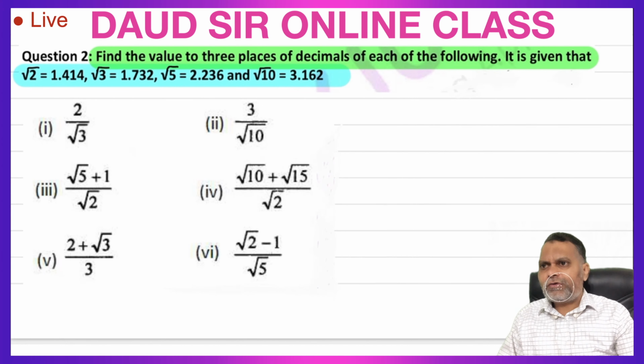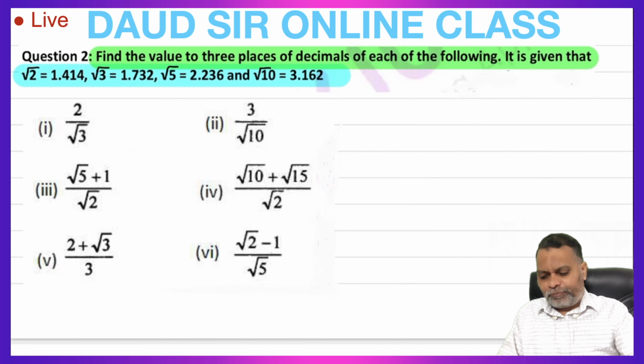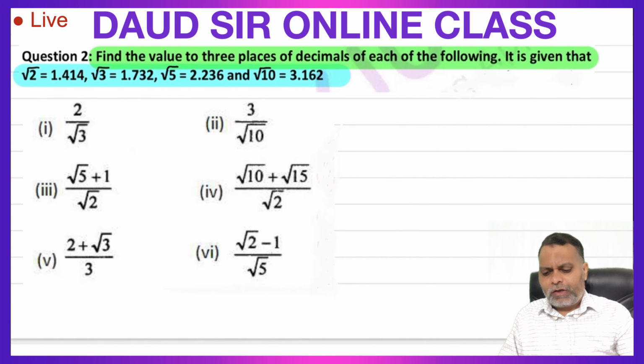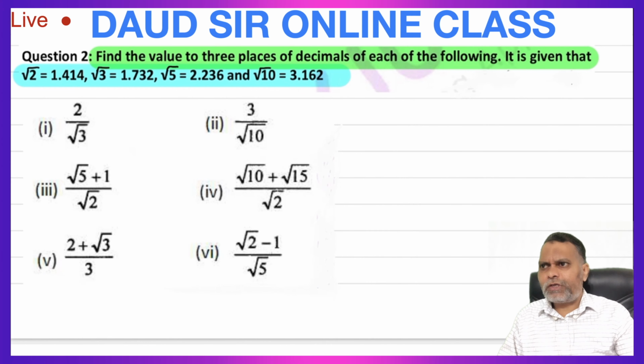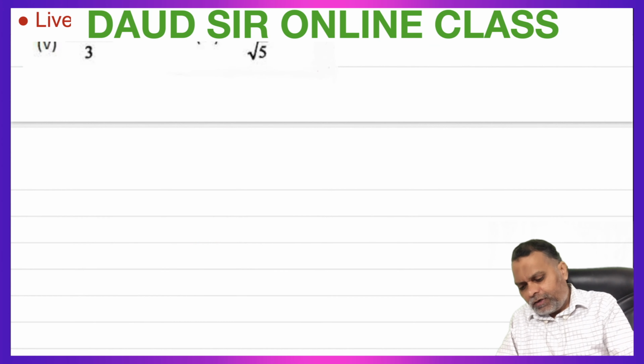Here the values of given root 2, root 3, root 5 and root 10. So we have to find out the values of given 2 upon root 3, 3 upon root 10, and like this. So we have to find out the values of given below up to 3 places of decimal by using these values root 2, root 3, root 5 and root 10.